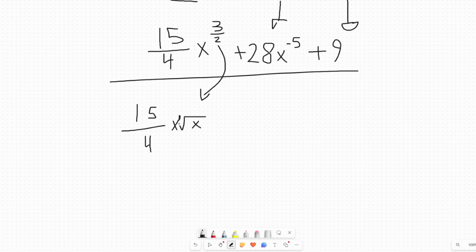So 1 plus 1 over 2 would be 3 over 2. Okay? And then you have a negative exponent here, so you can literally just do, as I said earlier, 28 over x to the 5. Because when you have a negative, you can just bring it down to the denominator and make it positive, and vice versa. All right? And then 9 stays the same.